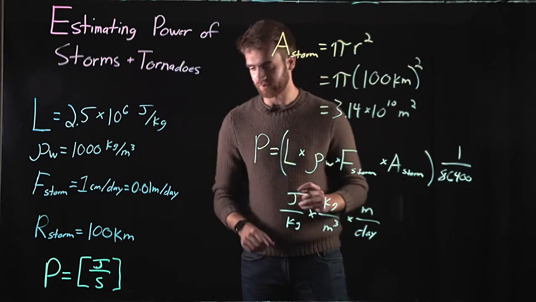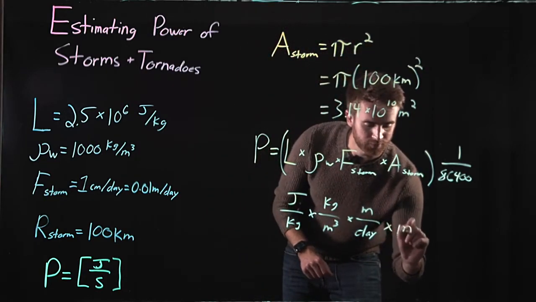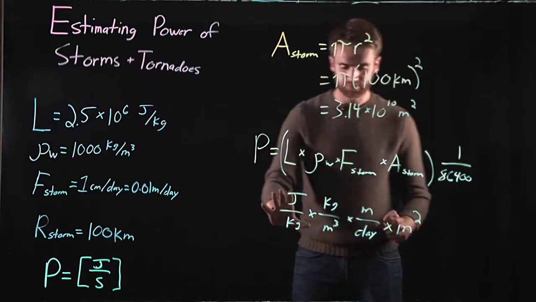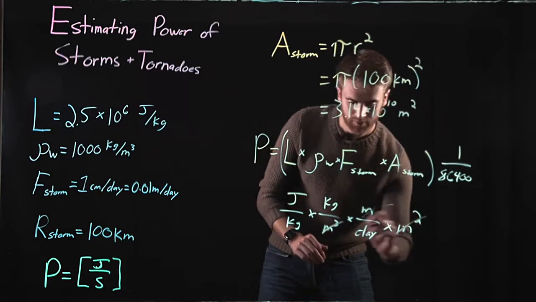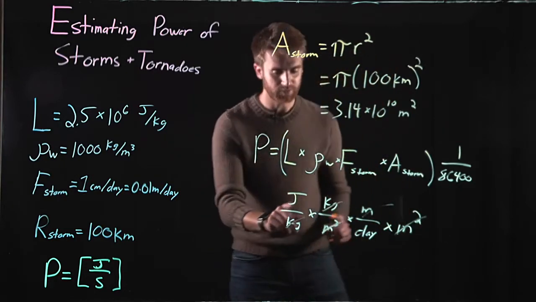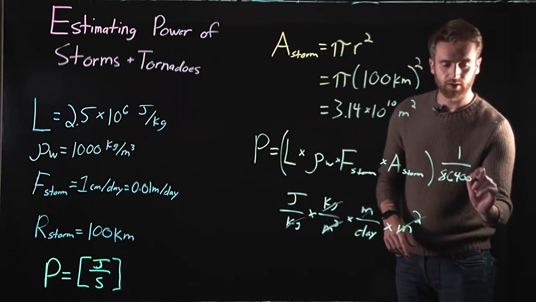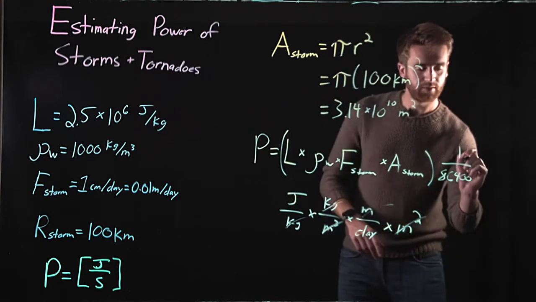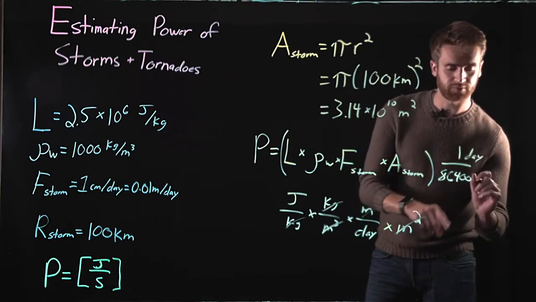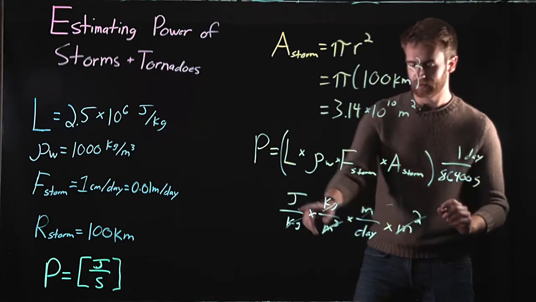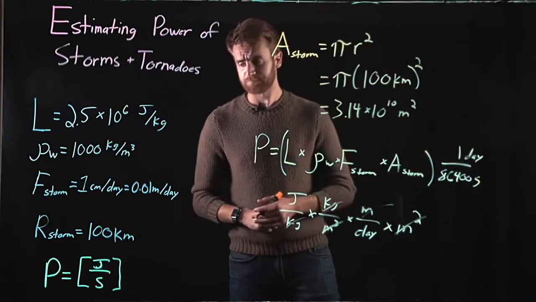So we want things in standard SI units, times meters squared. And so when we multiply all of this out, the meters cancel here, kilograms cancel here. We're given joules per day, and then we have our conversion factor where 1 day equals 86400 seconds. And so when we multiply this term onto this, we get the proper units.